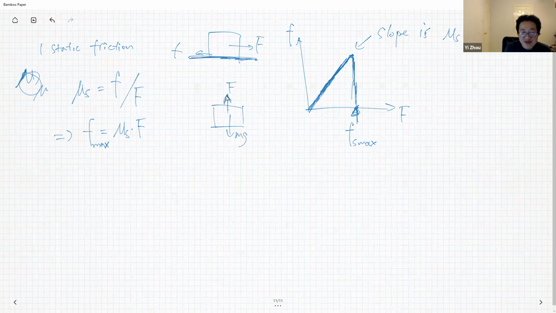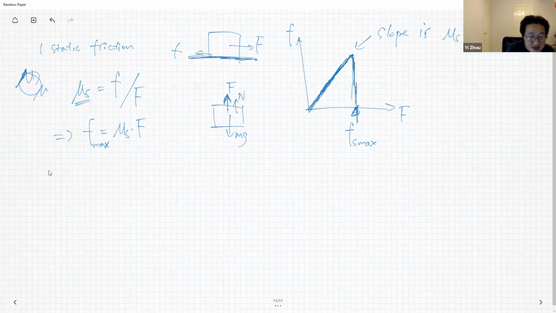The more force you lift, the less the normal force. But the normal force itself will not help you lift this box. So this is called static friction, and we have this coefficient called the static friction coefficient.